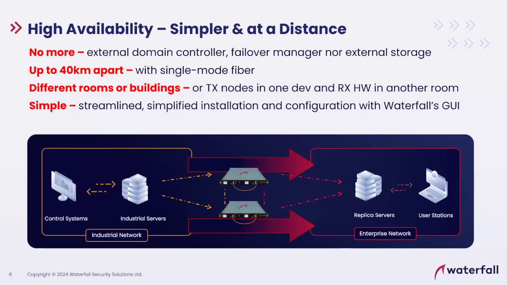And so all of the time, we send all of the data through both devices. We've been doing this forever, so that we're assured that even if there is a failure, if smoke rises out of some device, the data continues getting through. Normally, two copies of the data get through, and the Waterfall devices coordinate to make sure that only one copy of the data winds up in the enterprise network.